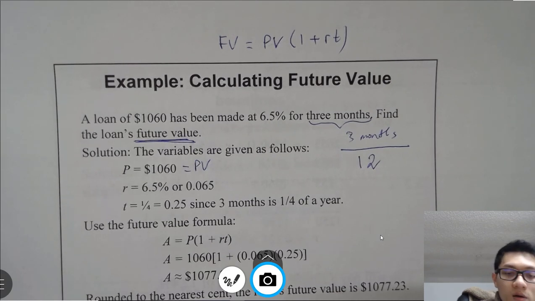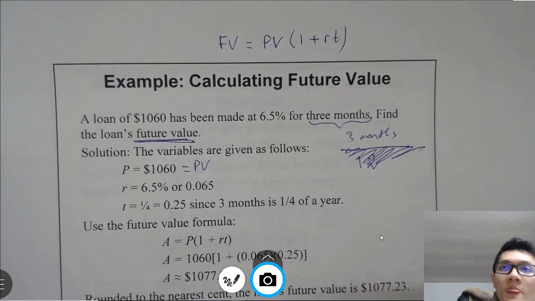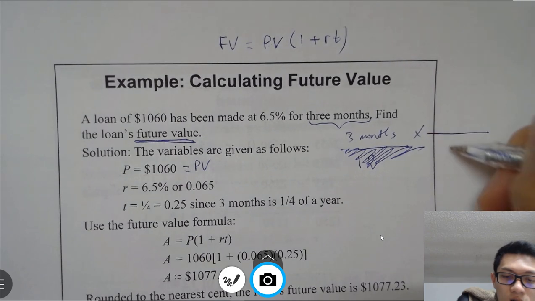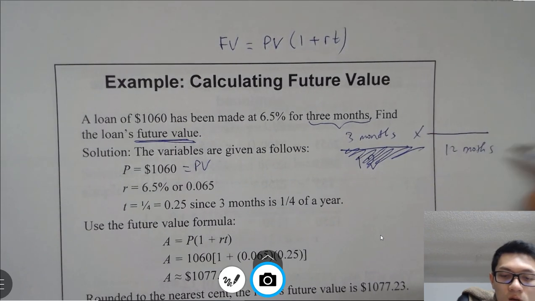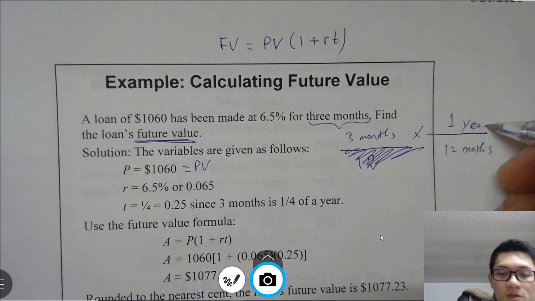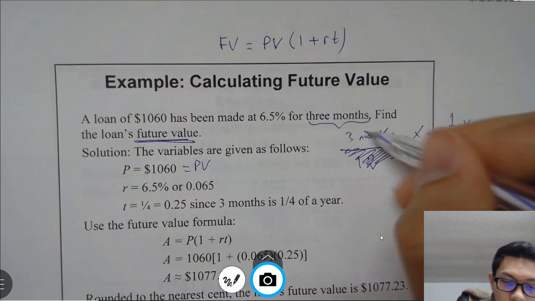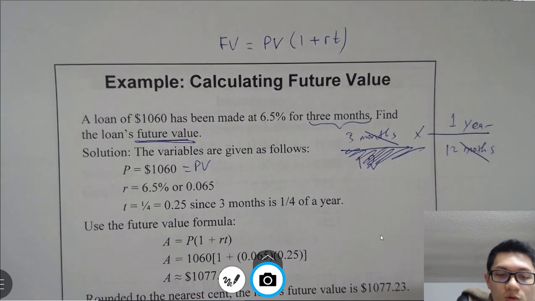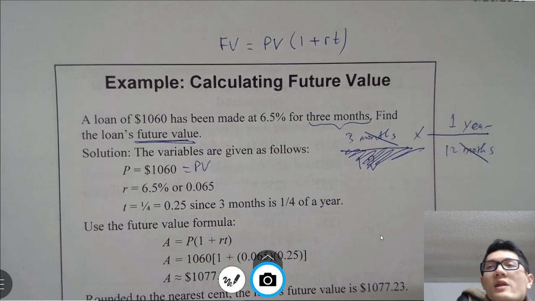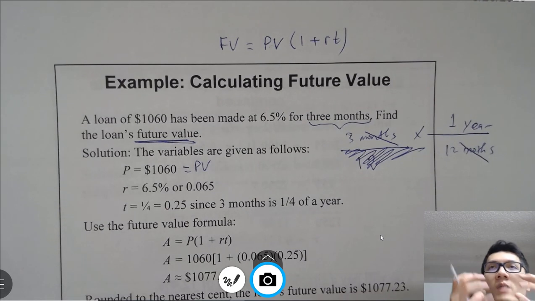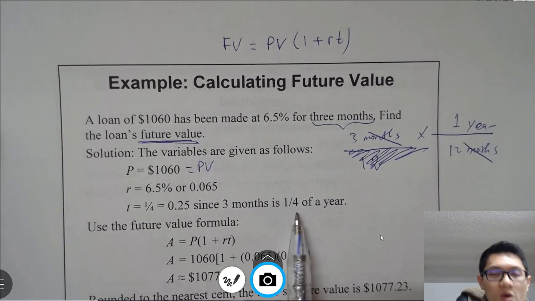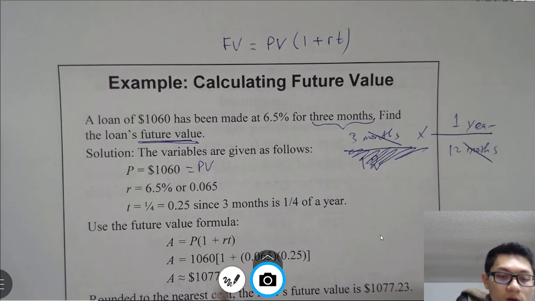Let's do it step by step. We know that there are 12 months in a year. This is the conversion factor, so the months cancel and you get back the years. So 3 divided by 12 gives you the years. If you are given months, divide by 12 to get years. So that is 1/4 of a year, or 0.25.